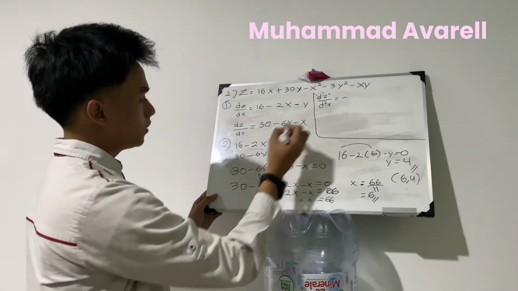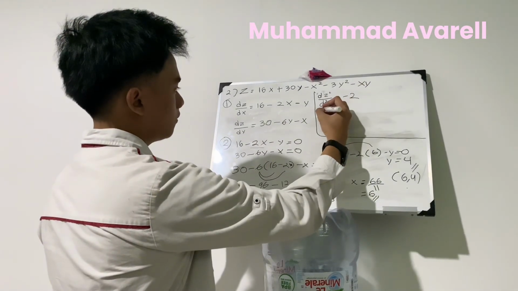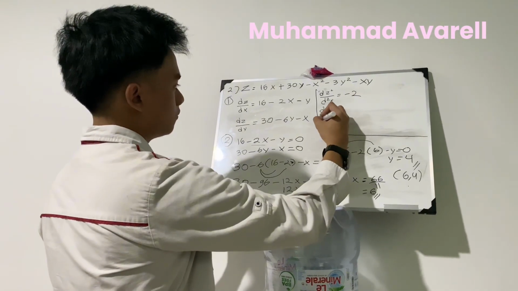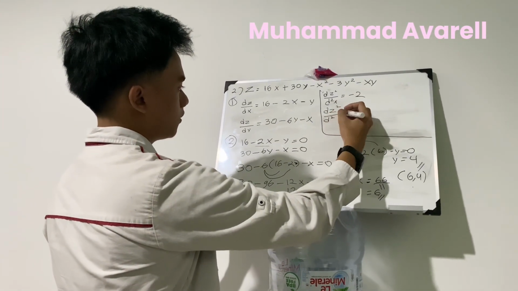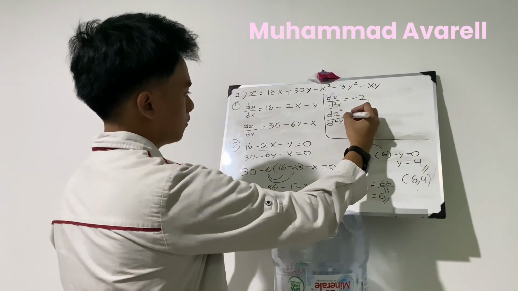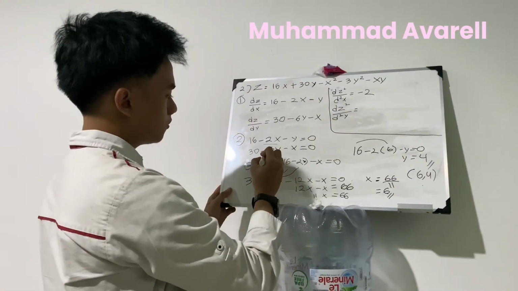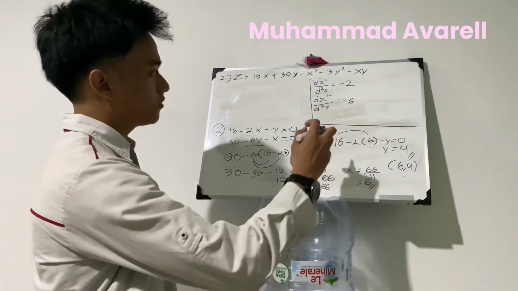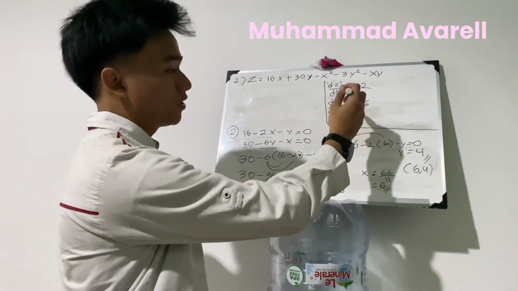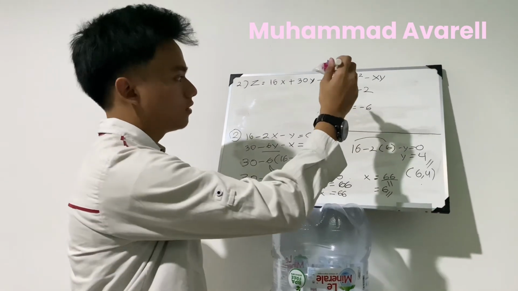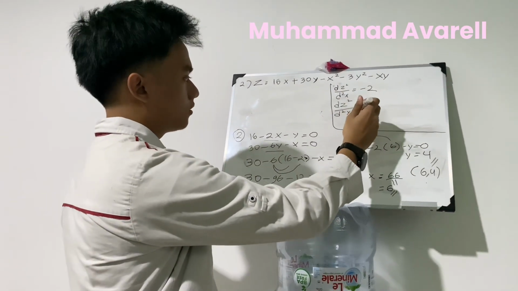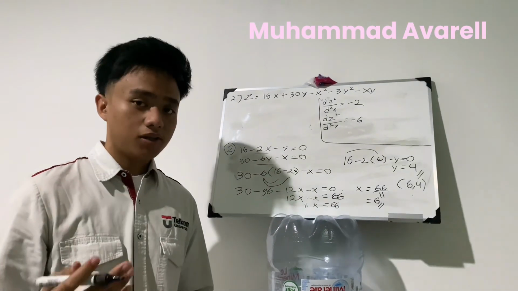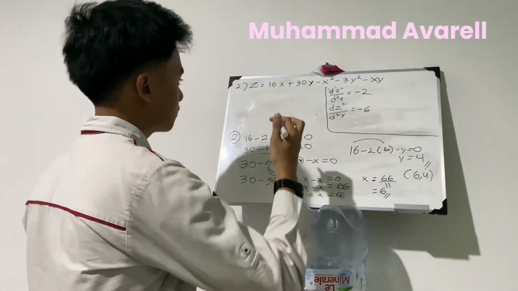Here zxx is minus 2, and then zyy equals this one, minus 6. Okay, after we find the second derivatives, we must calculate the determinant of the Hessian matrix.